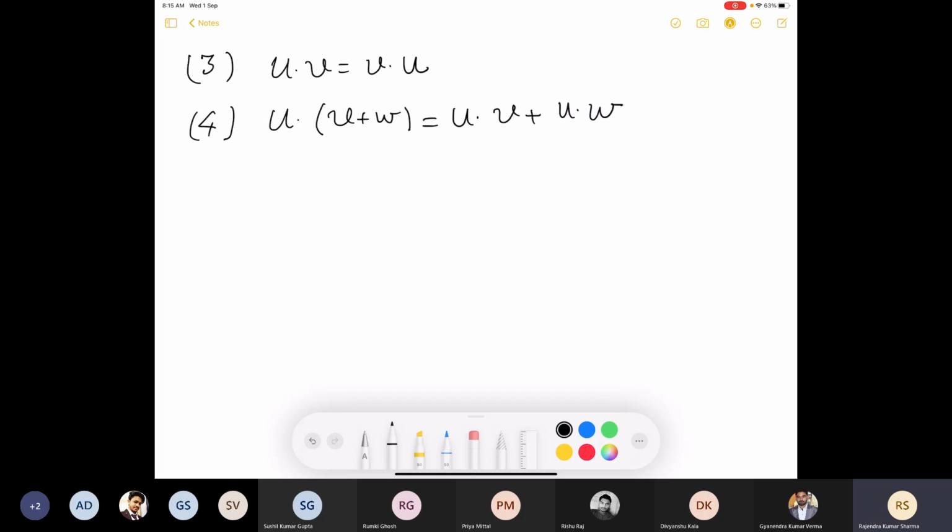So this you can just put in the formula and verify. This also holds true that u plus v dot w is same as u dot w plus v dot w, and you can also check that u dot alpha v is same as alpha u dot v.